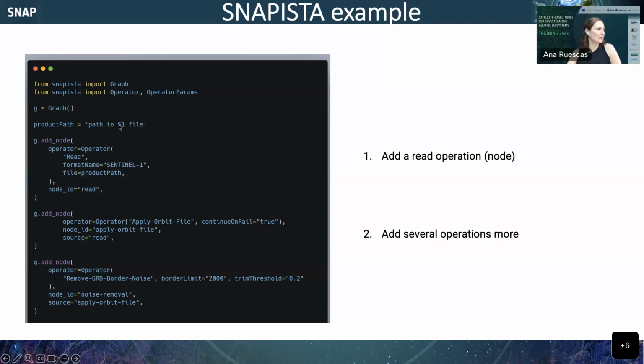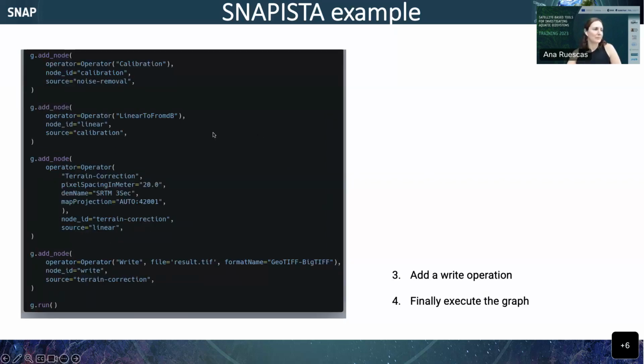In this case, we are using SAR data in this script. And so we have a calibration operation, a terrain correction, and then the product is also written. And finally, you have to put this processor for running the graph.